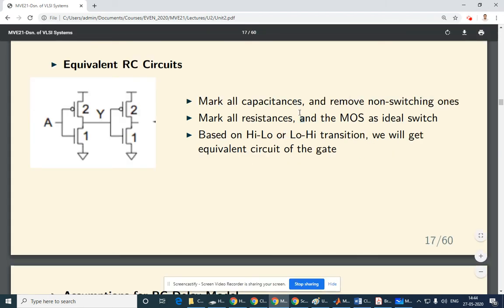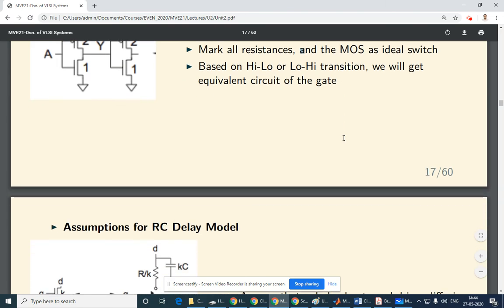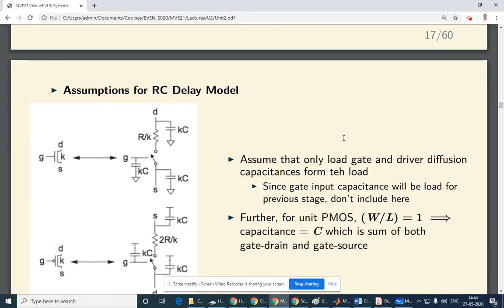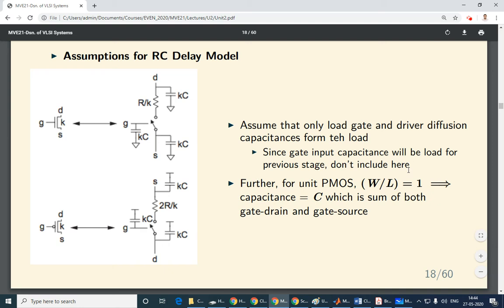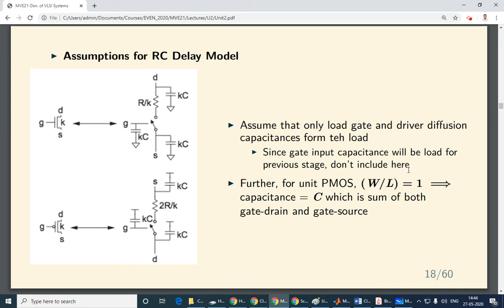So we have a single gate for which we have drawn the equivalent circuit, and this is nothing but our RC delay model. So we said that we're going to discuss some delay models. The first of those is the RC delay model.